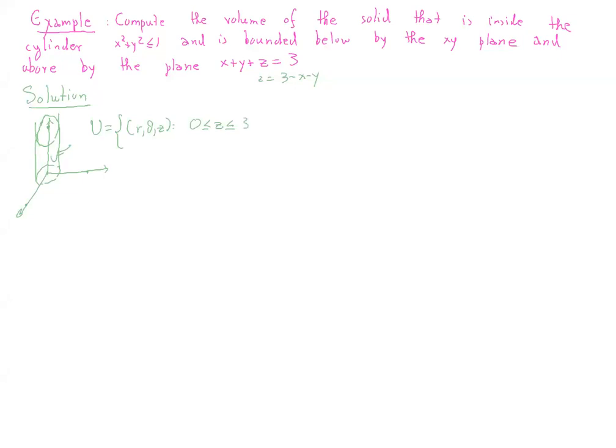So 3 minus r cosine theta minus r sine theta. And of course, r is between 0 and 1, and theta is between 0 and 2 pi. So it's certainly not a box with respect to cylindrical coordinates. And you want to find the volume of u, which means that you want to take the triple integral of the function 1, right?